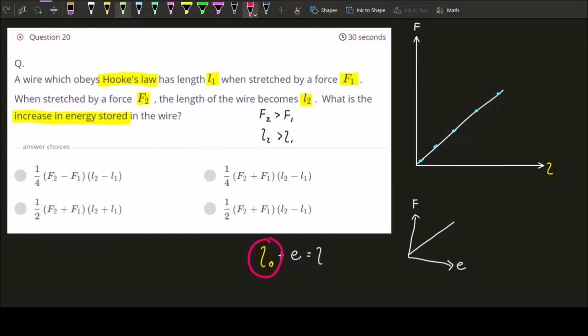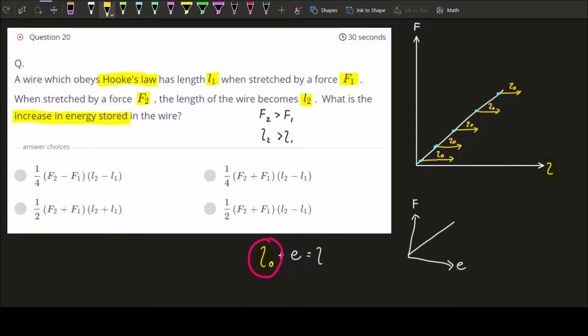It has to be shifted to the right by an amount of L0. This one will also be shifted to the right by an amount of L0, and so on for each point.